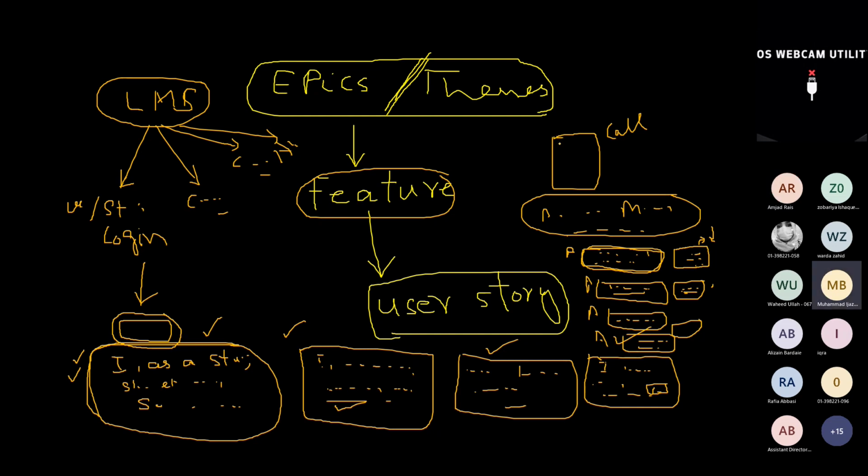Yes, it's clear. Right? So thinking of these combinations of user stories, we actually become able to generate or add one feature into that system. Correct? Is it clear to you, everyone?